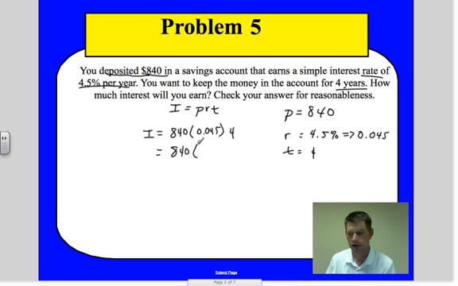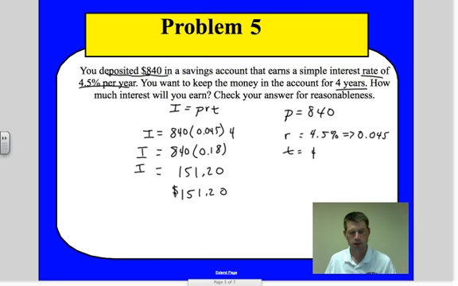I get 0.18, and 840 times 0.18 gives me 151.20, which means my interest earned is $151.20. So I earn that much more. If I had 840, I would add this to that amount to see how much I had in my savings account, but this is how much I would earn.